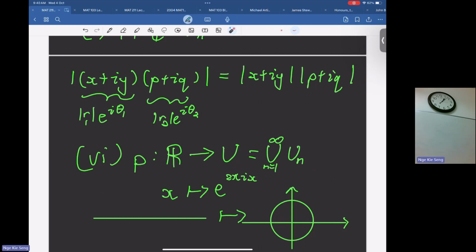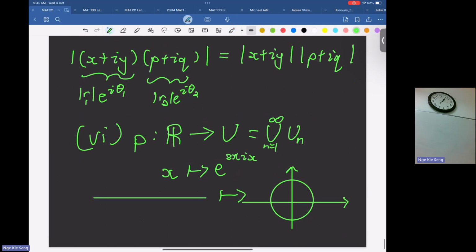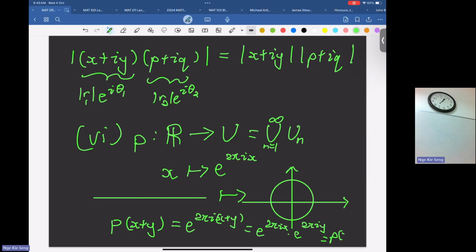If you add in R first, it is the same as you multiply in U. So for example, p of x plus y equals e to the 2 pi i (x plus y), which equals e to the 2 pi i x times e to the 2 pi i y, equal to p of x times p of y. It respects the group structure of both sides.